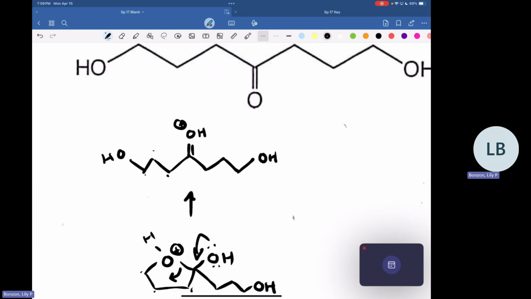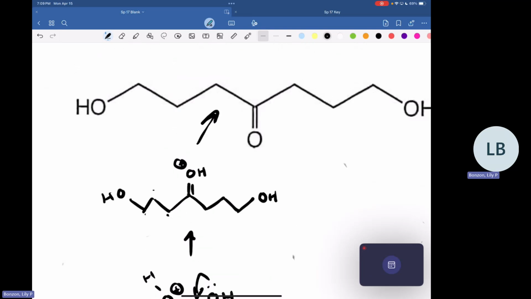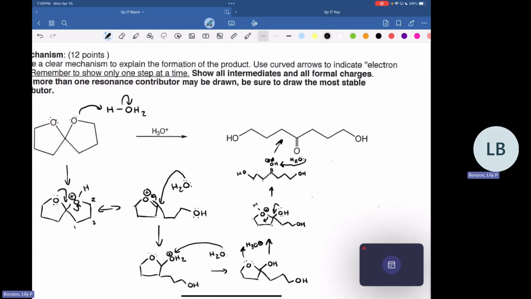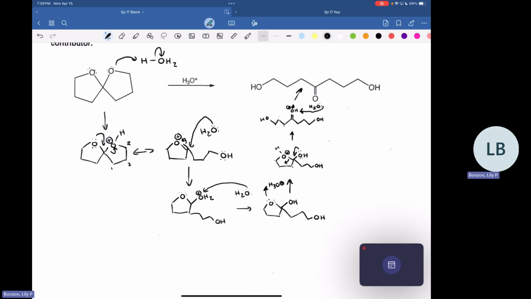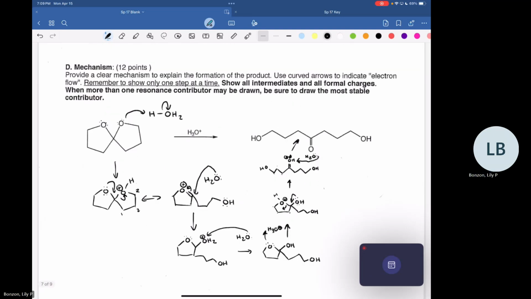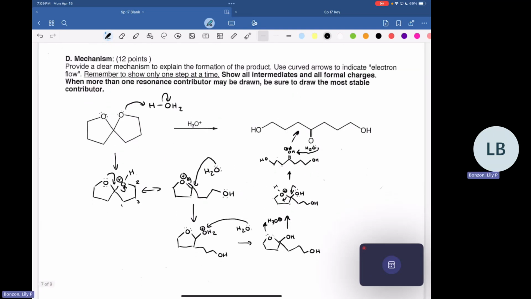Now we're in a linear structure and we're almost there. We just have to deprotonate that ketone oxygen. So another equivalent of H2O, just take that off, and then we're good to go. This one was kind of back and forth with the oxygen and hydrogen. Any questions on that mechanism?